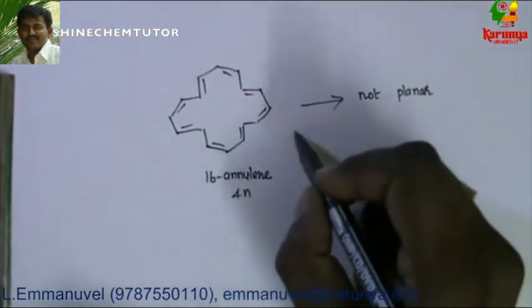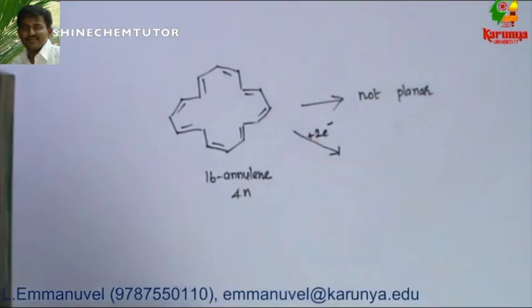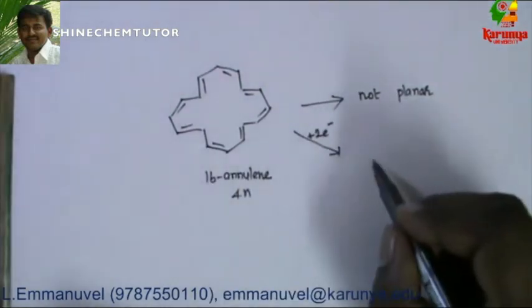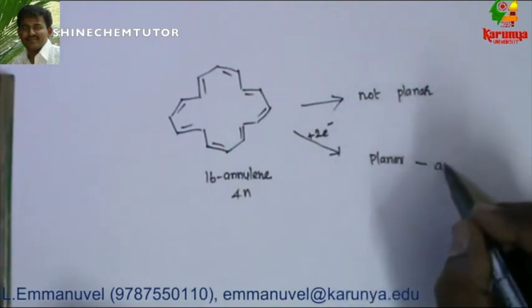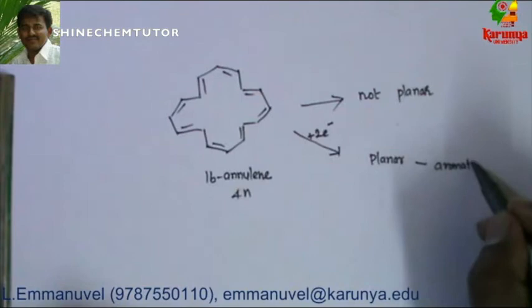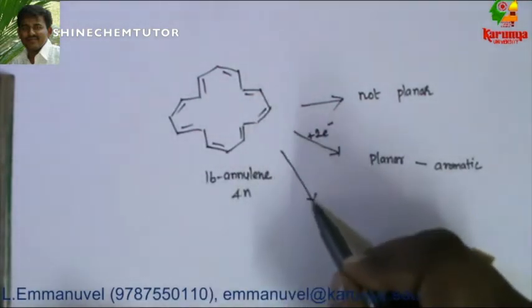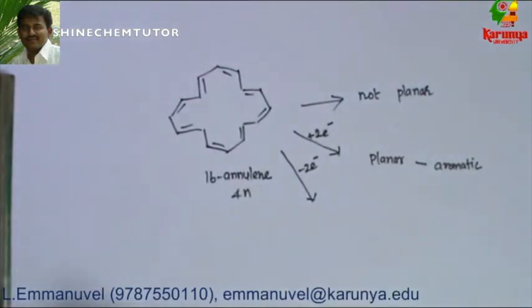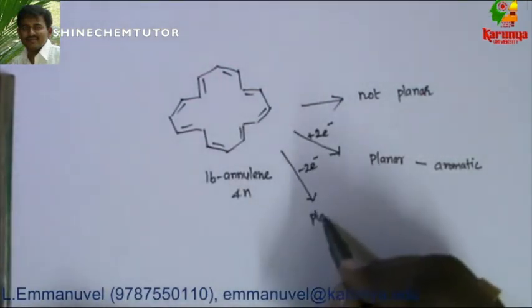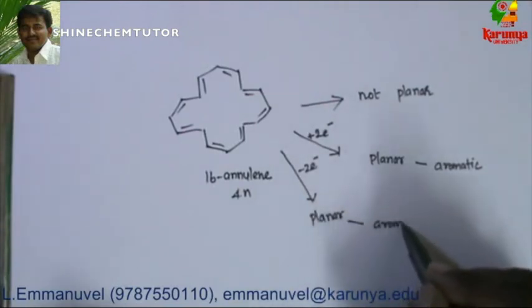But when you add 2 electrons to this, it becomes planar and aromatic. The same way, if you remove 2 electrons from this, then also it becomes planar and aromatic.